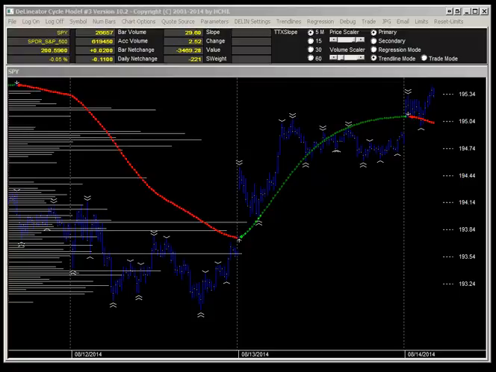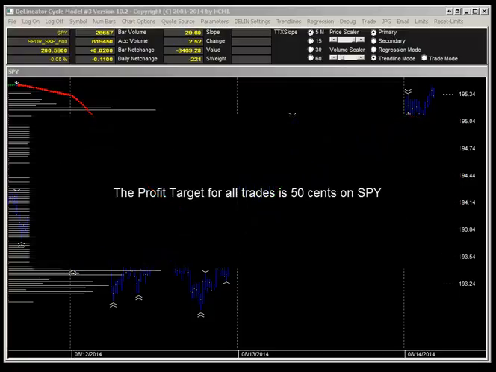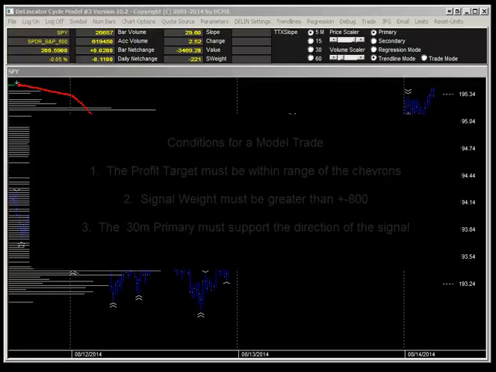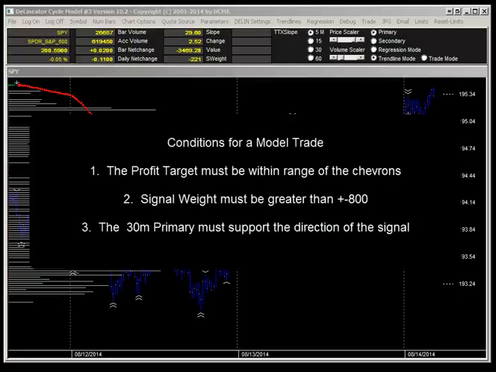So here's the model strategy for a long trade. First, the profit target for each model trade is 50 cents. A trade is carried out only if all three of the following conditions are met on each signal. Number one, the profit target must be within the range of the most recent double chevrons on the 5-minute chart.